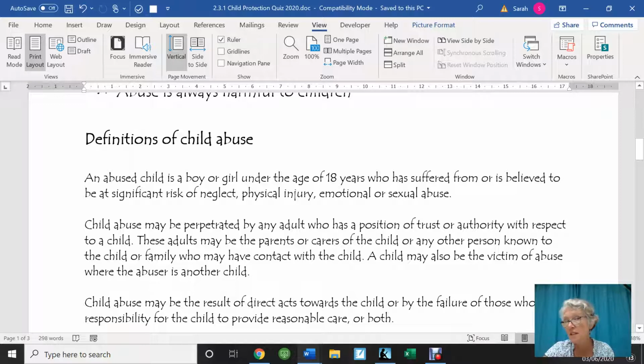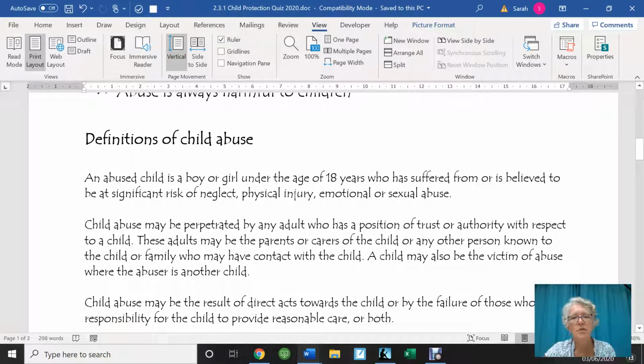Once you're over 18, it's still abuse, but it doesn't come under child abuse. And it says that there are 4 different types: neglect, physical injury, emotional abuse, or sexual abuse. And those are the 4 categories you've got to identify in a minute.